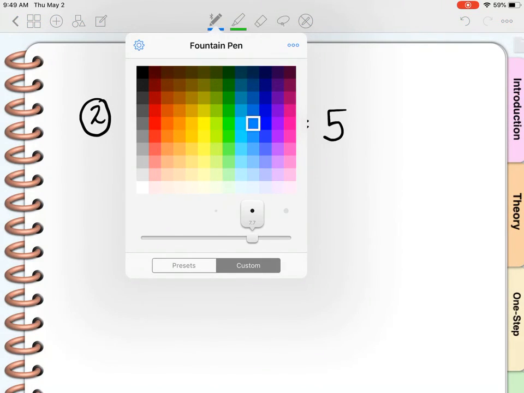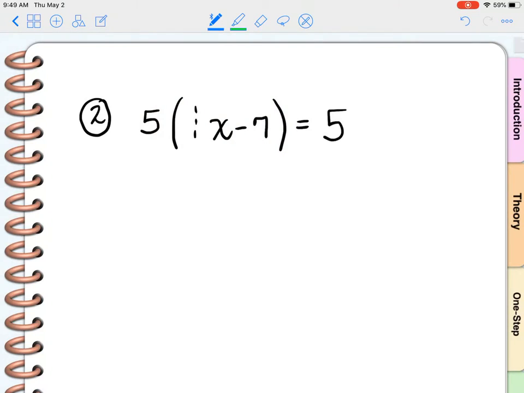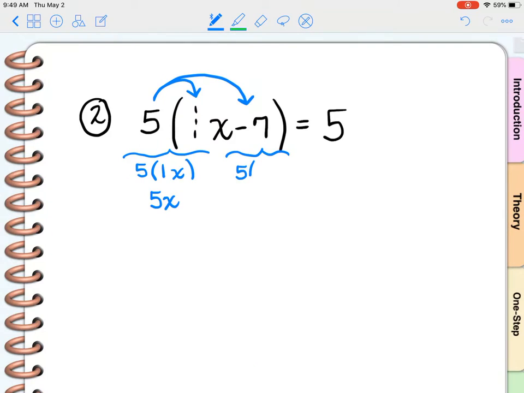And let me change colors just so you can follow a little clearer. If you will draw these arrows, it will help you remember to do both terms. So the first part is going to be 5 times 1x, which is just 5x. And then the second part is 5 times negative 7, and that's negative 35.